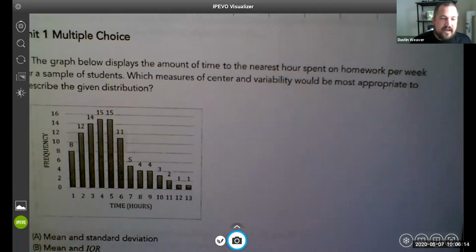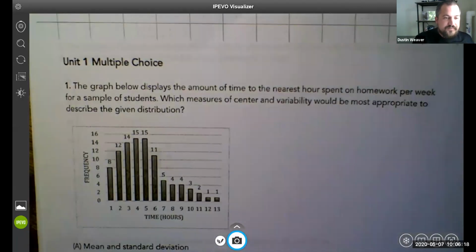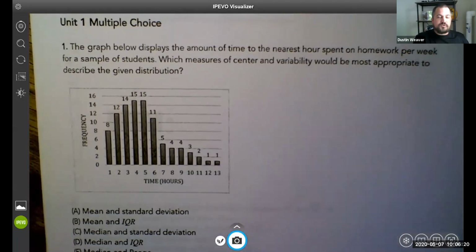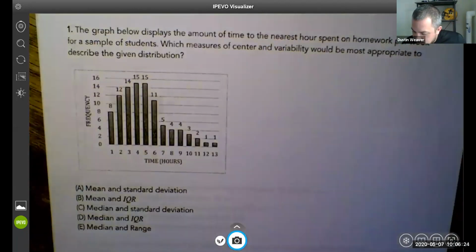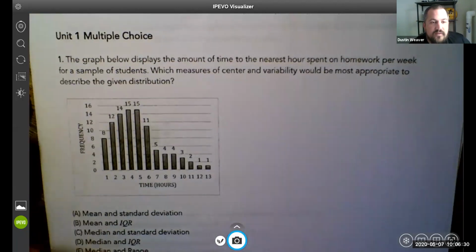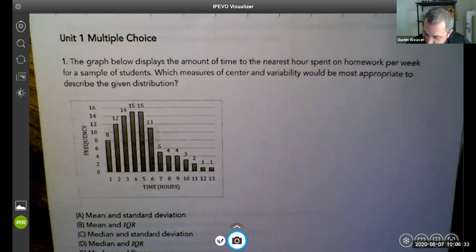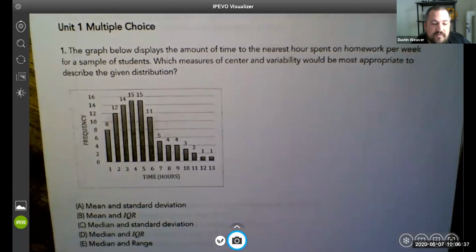All right, so I'm going to go to my presenter screen, and I'm going to start these 10 questions. So Unit 1 multiple choice. I'm going to read through the question, and then we'll talk about the response and see where we're at. So question number 1, the graph below displays the amount of time to the nearest hour spent on homework per week for a sample of students.